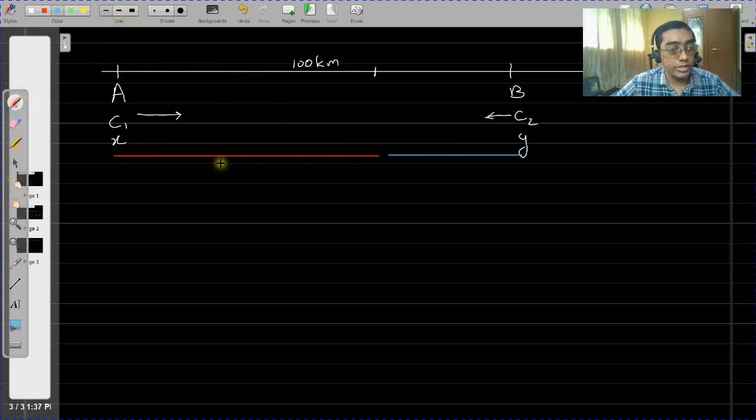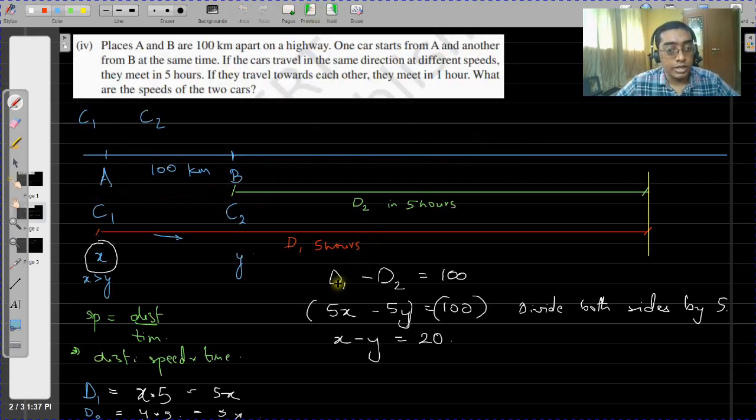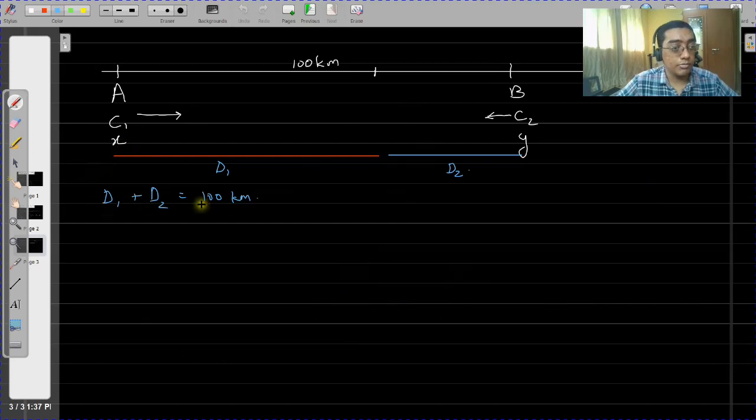I call this D1, this is D2. And in this case, we see that D1 plus D2 is 100 kilometers. So I write D1 plus D2 equals 100 kilometers. In the earlier case, we had written D1 minus D2 equals 100. But in this case, it's D1 plus D2 equals 100 kilometers.